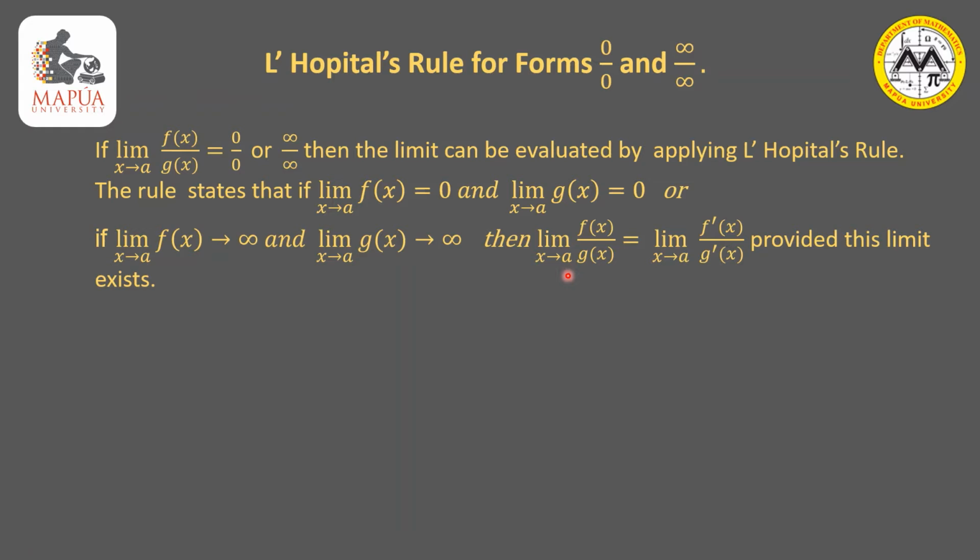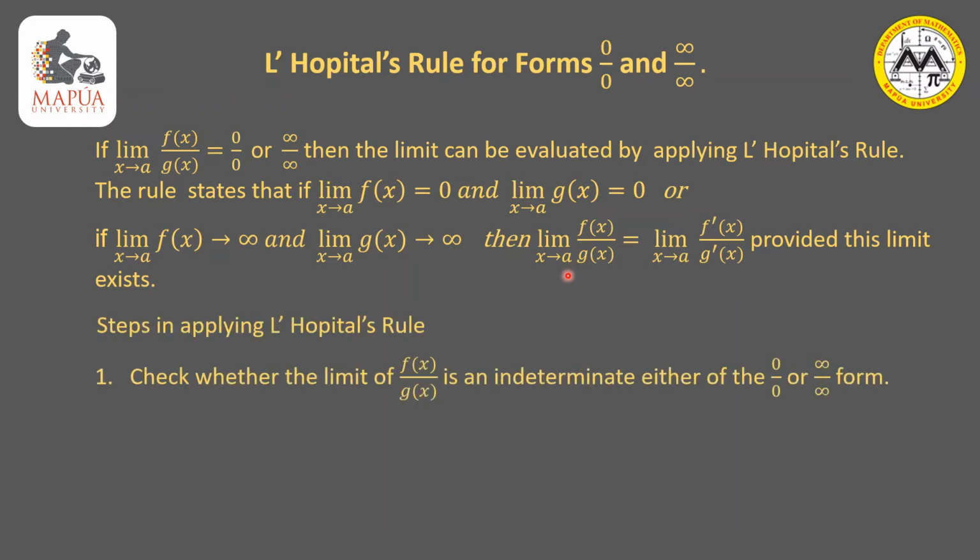So, given a rational function, if the resulting limit initially is of the form 0 over 0 or infinity over infinity, we can make use of L'Hopital's rule. And the following are the steps that we need to do applying L'Hopital's rule. First, we check whether the limit of f of x divided by g of x is an indeterminate form of either the 0 over 0 or the infinity over infinity form.